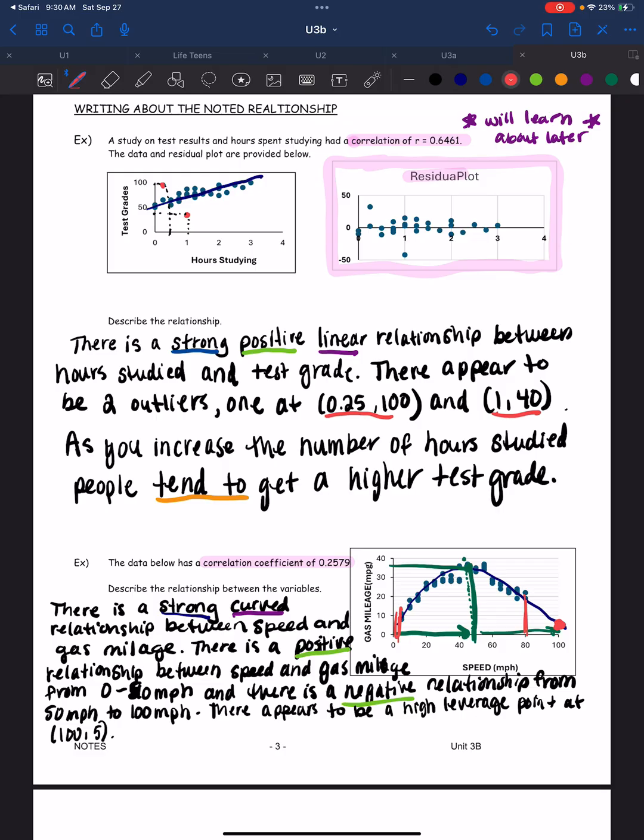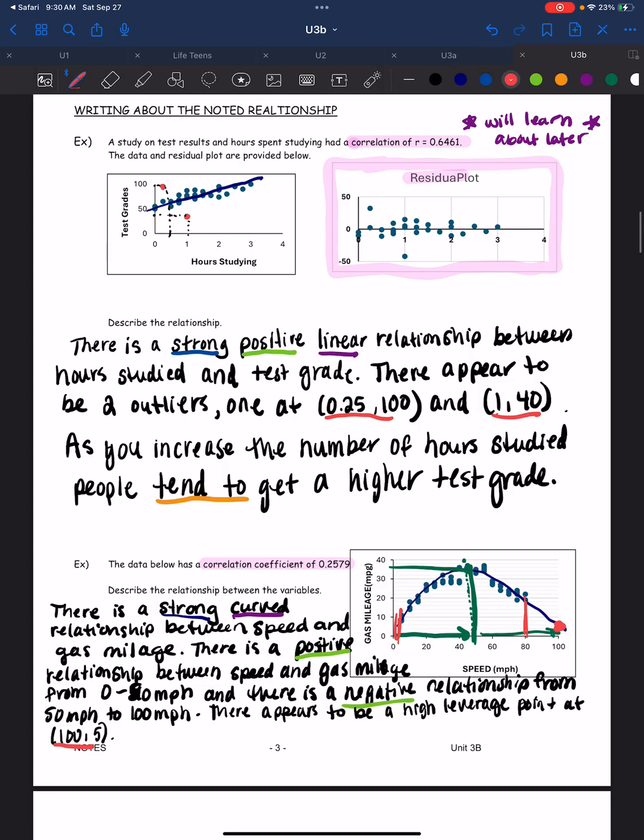And so I've mentioned my high leverage point, and the last thing to talk about here is the relationship in the context of the problem. We're really running out of room, so I apologize, but I think we can squeeze it in there if you've been writing small with me. If not, hopefully you have some room above, and you can put an arrow.